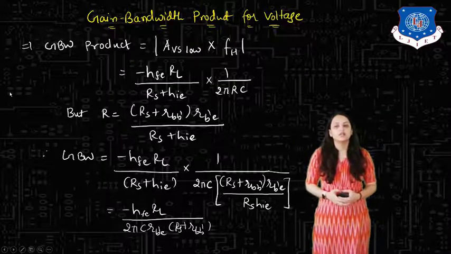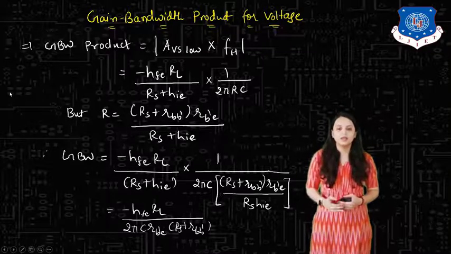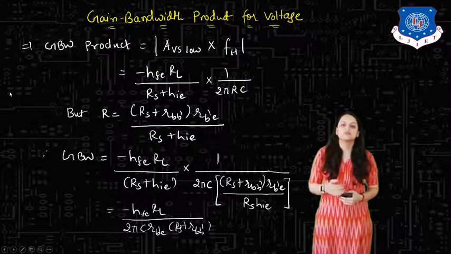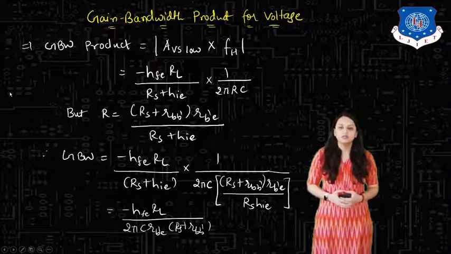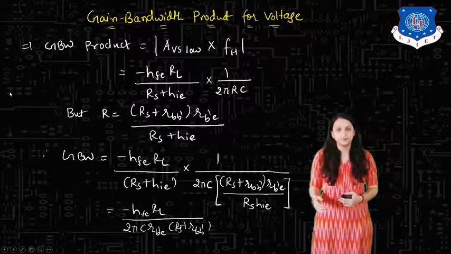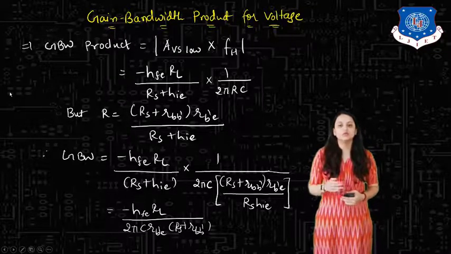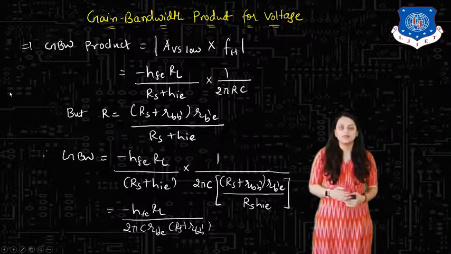AVS low is given as minus HFE RL upon RS plus HIE, and FH is given as 1 by 2 pi RC. But here the value of R is given as RS plus RBB dash into RB dash E upon RS plus HIE.